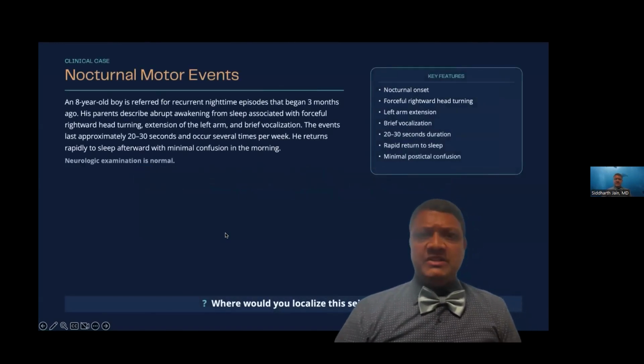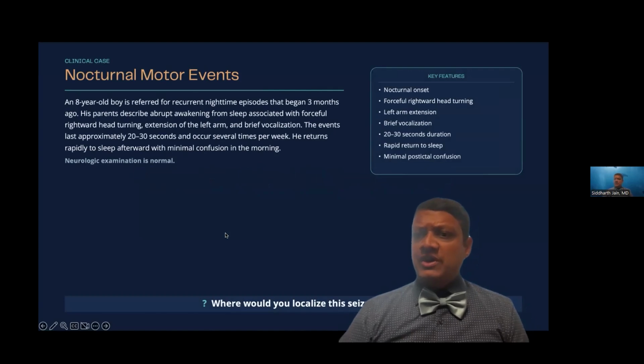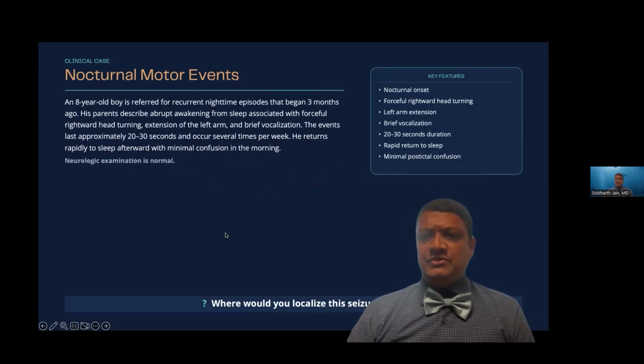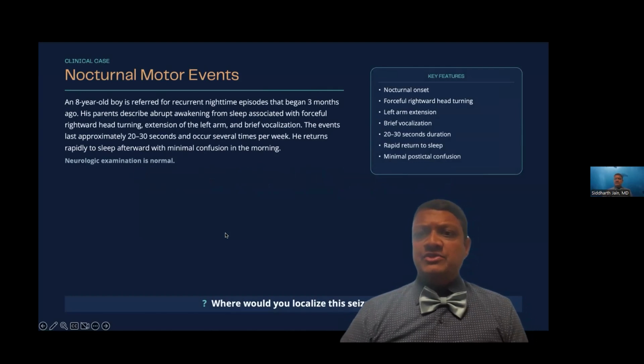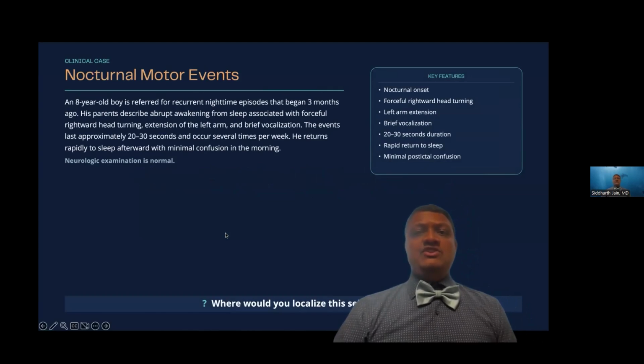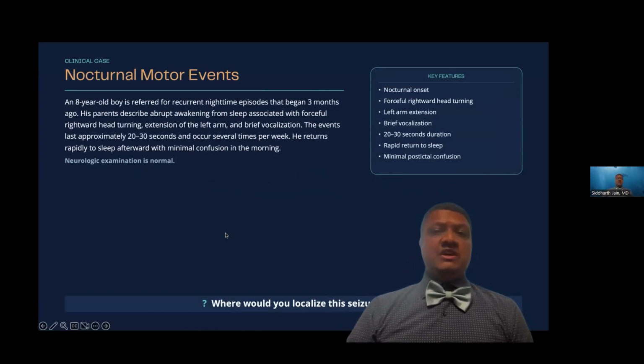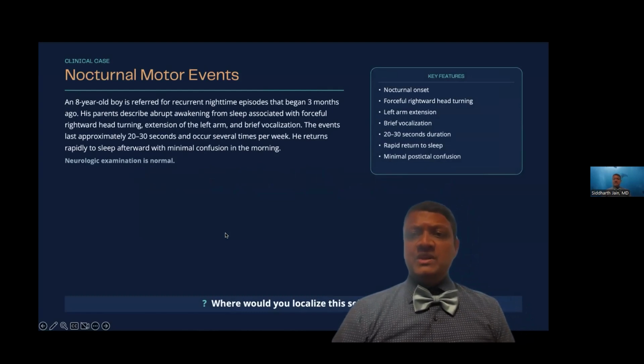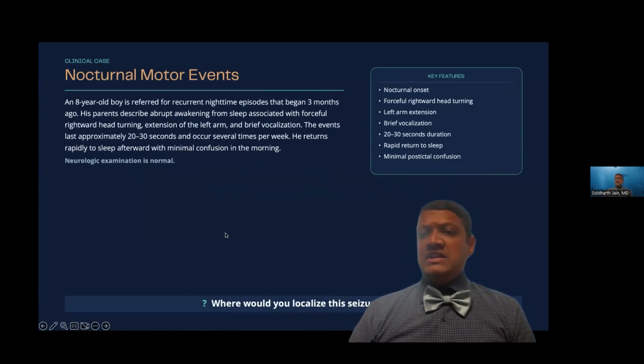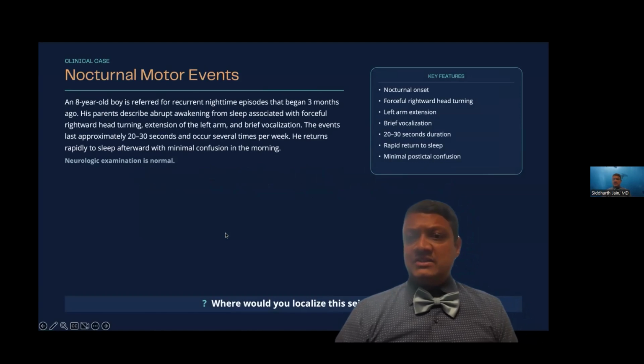So in this case, we have an 8-year-old boy who's been having brief nocturnal episodes. His parents described sudden bilateral leg kicking and arm posturing, and these episodes come out of nowhere. They're very stereotyped. They look the same every time, and there is no post-ictal confusion. He's back to baseline immediately, and each episode lasts less than 60 seconds.